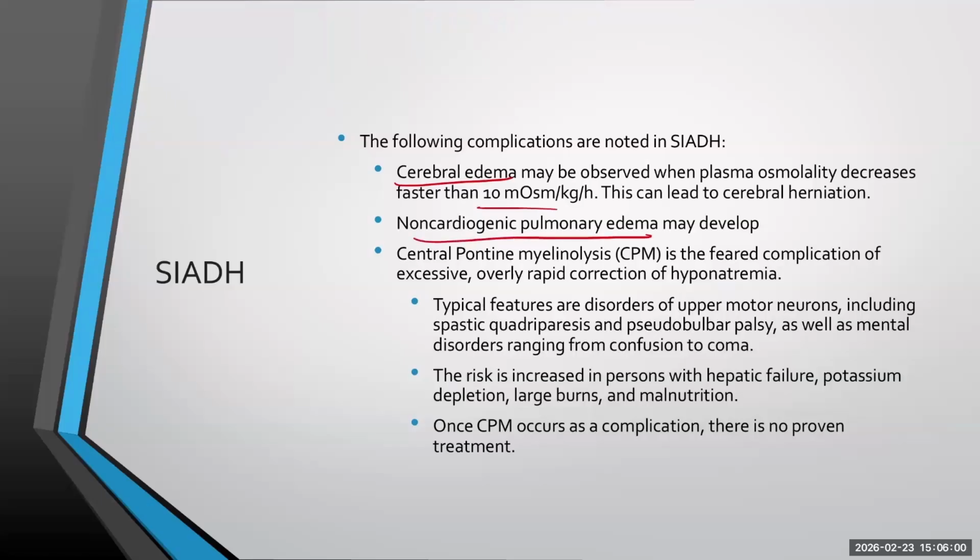Non-cardiogenic pulmonary edema can also be there. Here's our central pontine myelinolysis from rapid correction of sodium. They get disorder of the upper motor neurons, spastic quadriparesis, pseudobulbar palsy, mental disorders, confusion, a coma. These are from central pontine myelinolysis from raising sodium too fast.